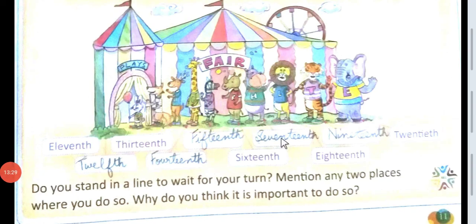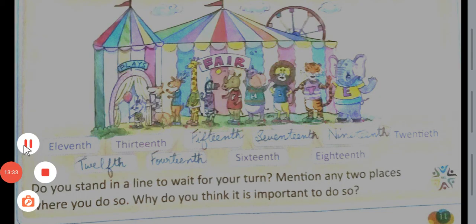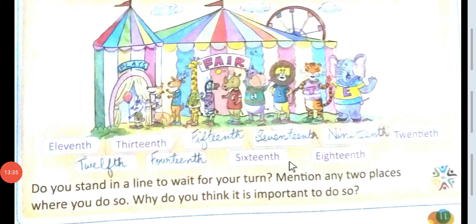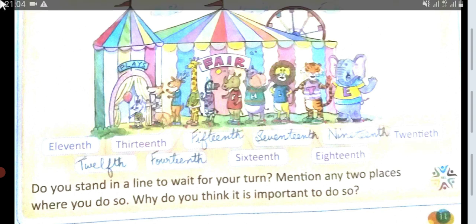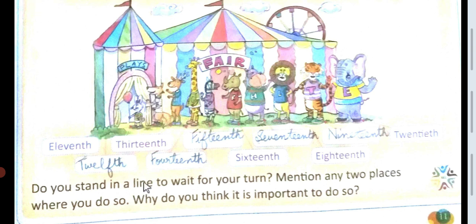So 17, you write 17 and after 17 you add TH, and 16 you add TH, 19 you add TH, 18 you add TH, and 20th you write. After writing 20, you spell TWENTIETH.